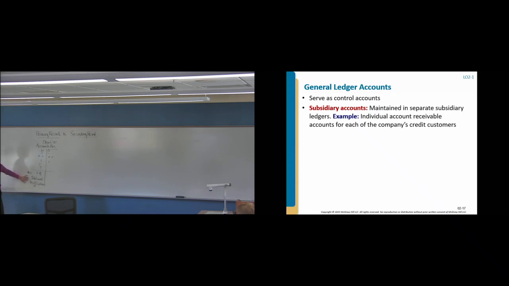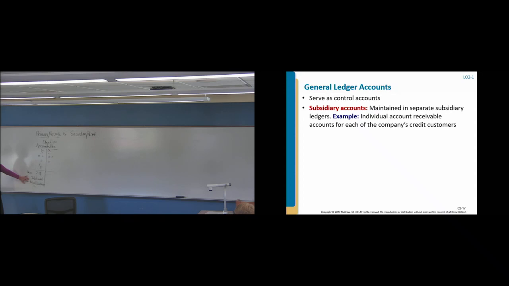Do you think they're concerned, somebody that's not affiliated with your company, other than the fact they might own some of your stock, or the bank's trying to decide whether to give you a loan? Do they care which of your customers owes you money, their names, addresses, individual balances? Do you think people external to the company care about that detail? They don't. They just want to know what the total owed is.